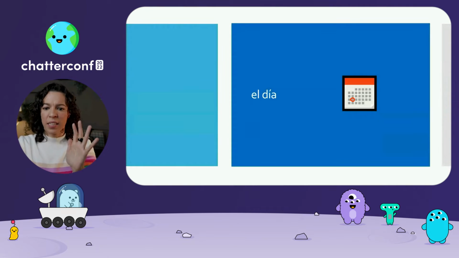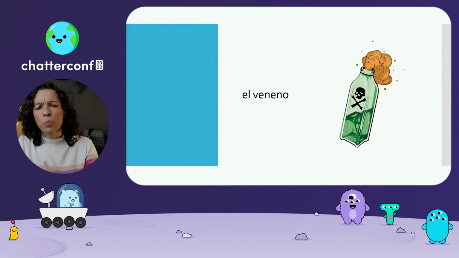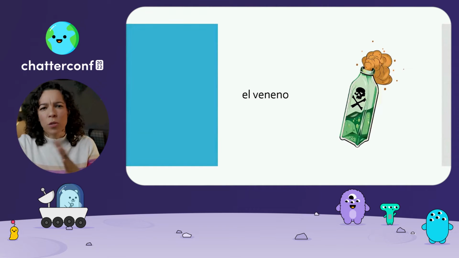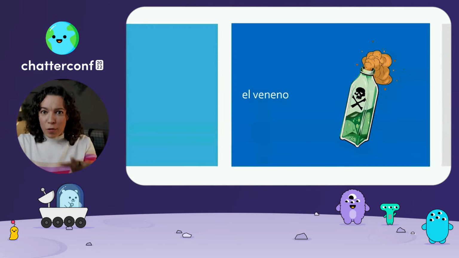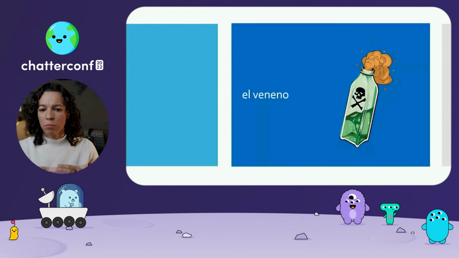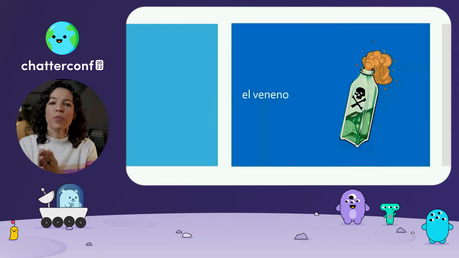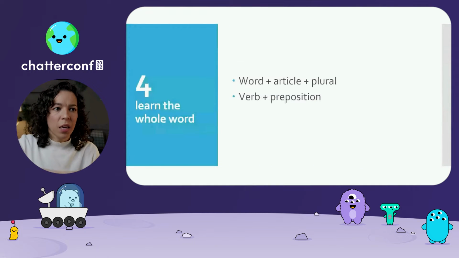And if I give you veneno, the same. It finishes with o, so probably masculine, but there are some exceptions. So blue, masculine: el veneno, el día. This way, you're going to associate it better with images or colors. So again, it depends very much on the language you're learning, as we're going to see in the next thing.